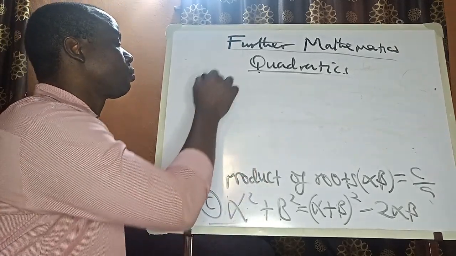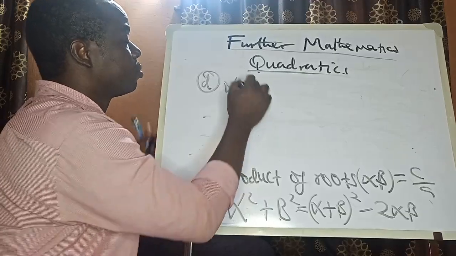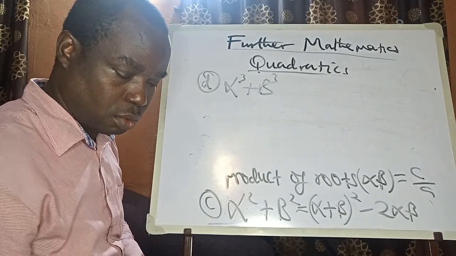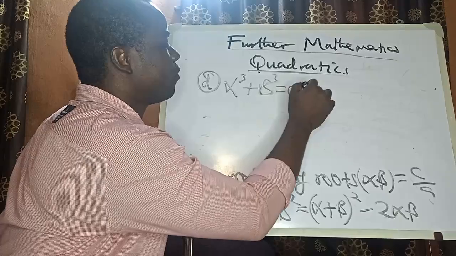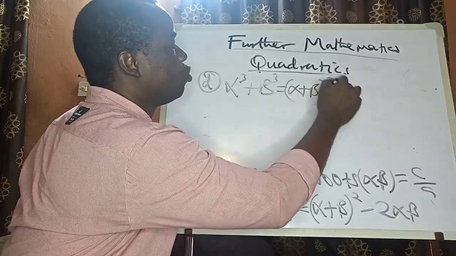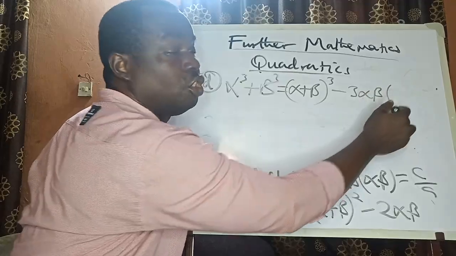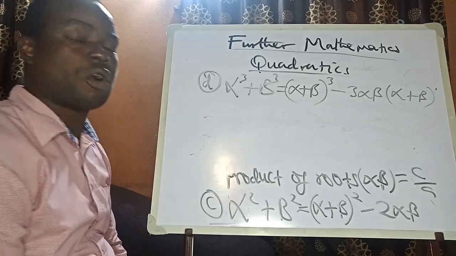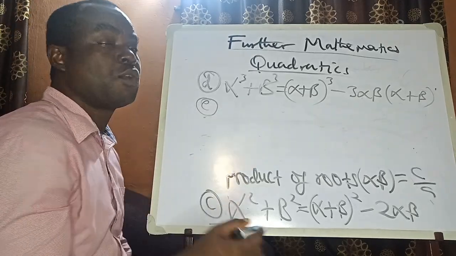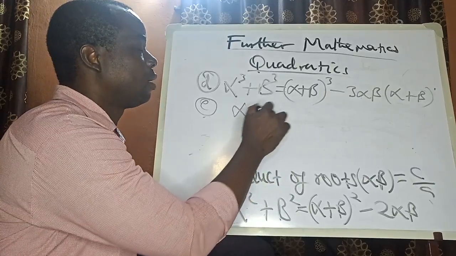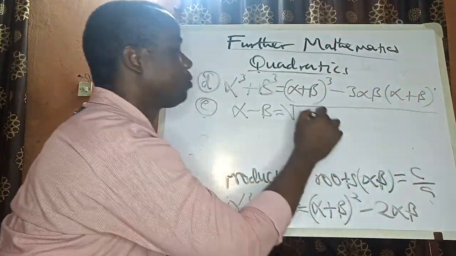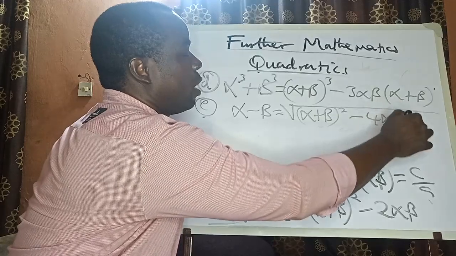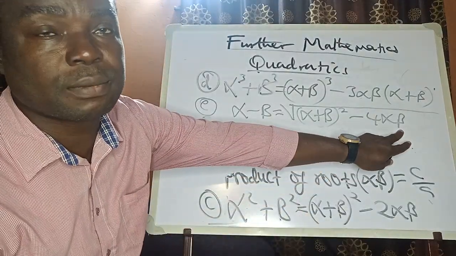Number 4, alpha cubed plus beta cubed is equal to alpha plus beta all cubed minus 3 alpha beta into brackets alpha plus beta. So copy that one down. Then we have the next formula, alpha minus beta is square root of alpha plus beta all squared minus 4 alpha beta. Take note of that.